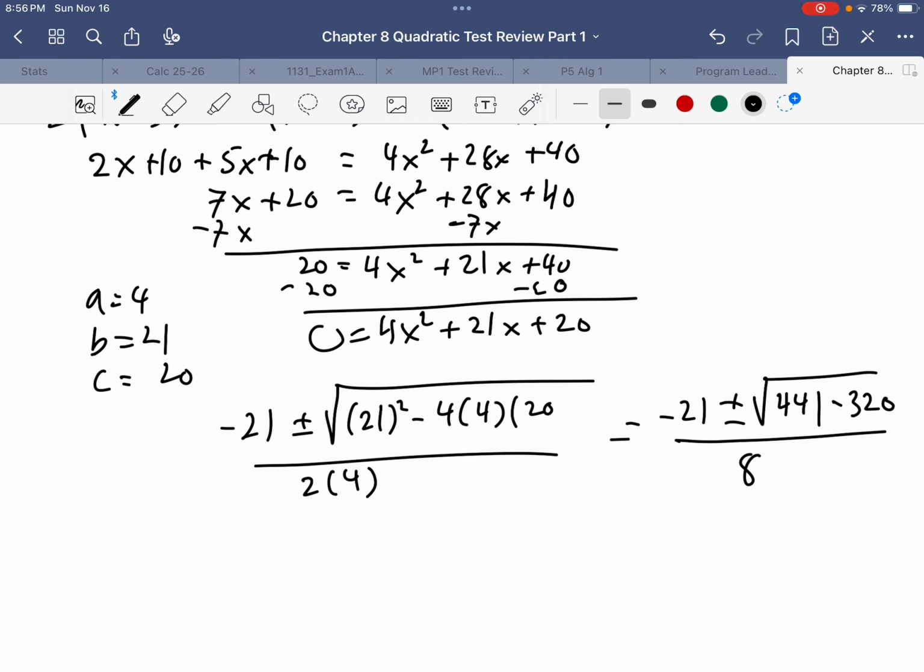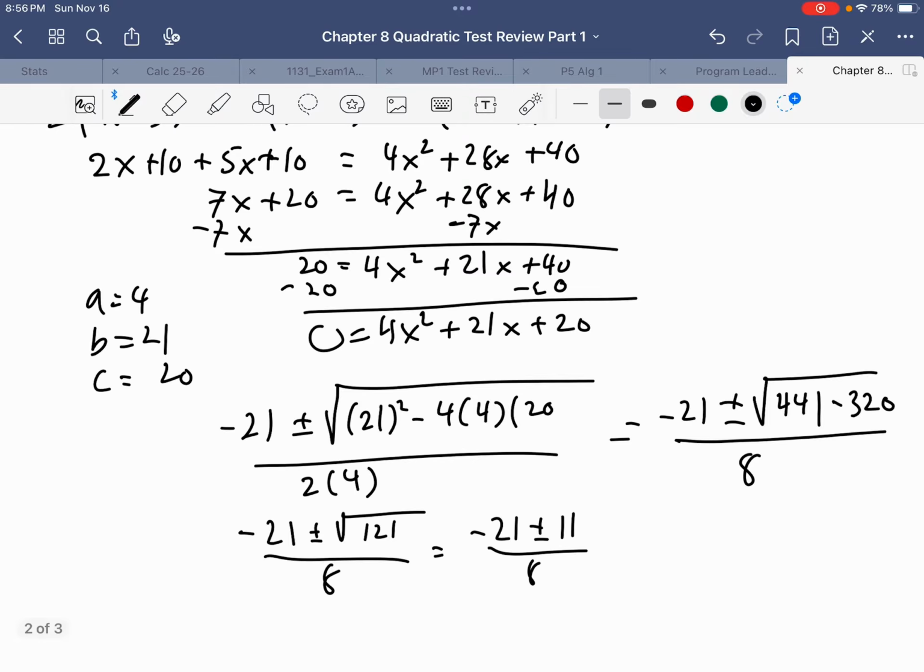So 441 minus 320, another 121. So negative 21 plus or minus the square root of 121 divided by 8, or negative 21 plus or minus the square root of 121 was 11 divided by 8.